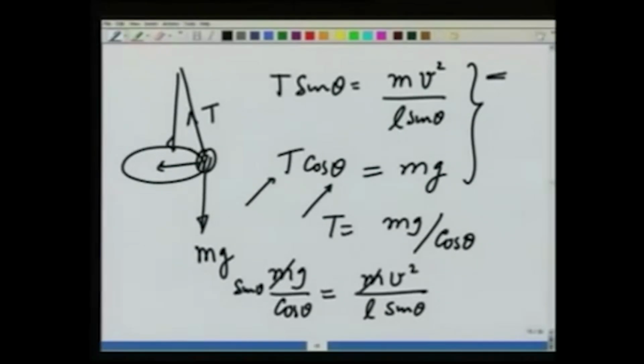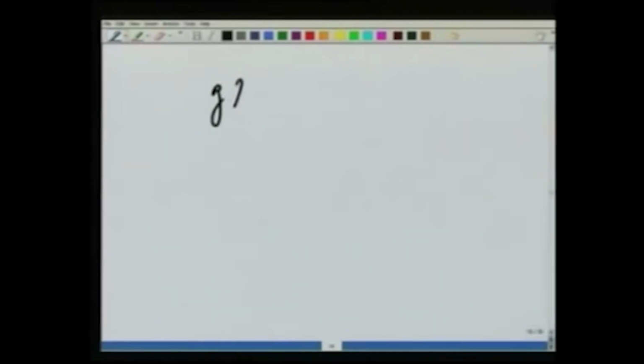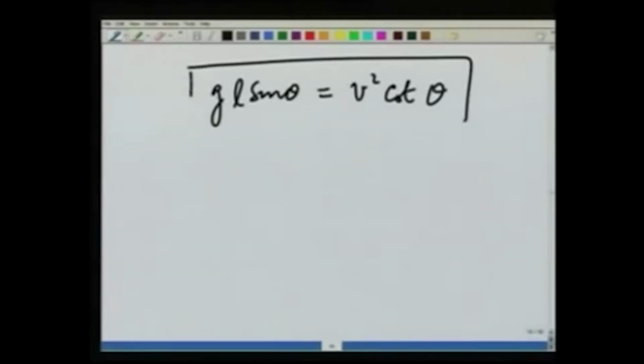M drops out, and therefore, we get g L sine theta equals v square cotangent theta, an equation that we had obtained earlier. However, these equations also gave me T. To find T using the torque equation, what do I have to do?